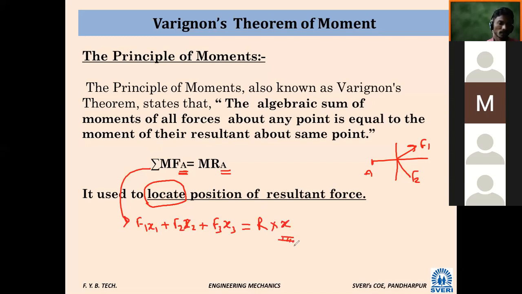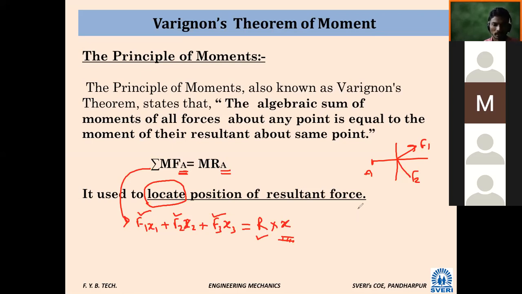All forces F1, F2, F3 are already given in the system, and x1, x2, x3 are also given. Once we solve an example, you will come to know that these distances are given. We find the resultant by our regular method: R equals square root of summation Fx squared plus summation Fy squared. R we can also find.